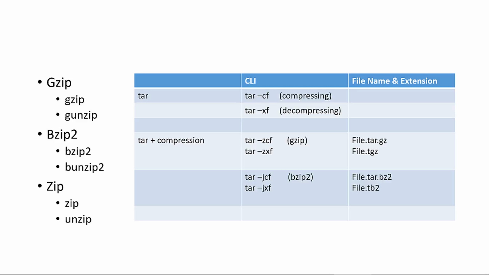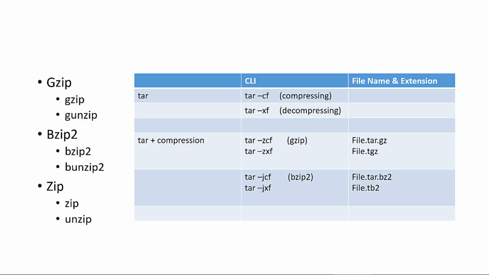So tar -cf will combine the files into one file. F has to be at the end because F will denote the file names. Don't worry about this right this second. In a few minutes, we're going to jump into our terminal and show you examples of this. If we want to decompress our tar file, we will do tar -xf.